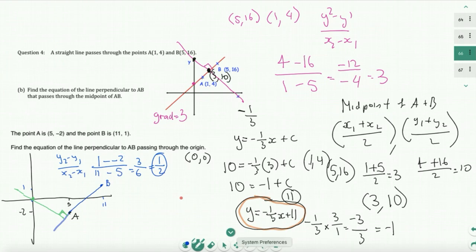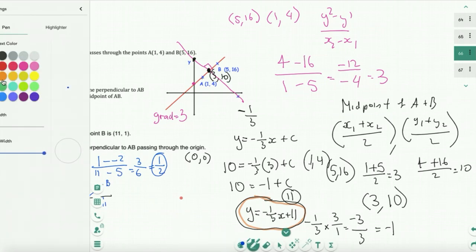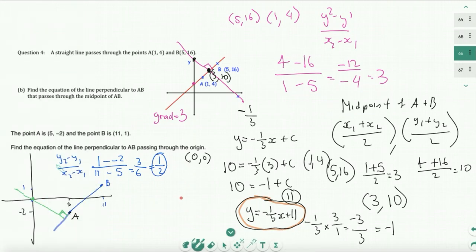Since we know the green line is perpendicular, we have to find the negative inverse of 1/2. First of all, 1/2 is positive, so our gradient will definitely be negative. The inverse of 1 over 2 is 2 over 1, and 2 over 1 is just 2.